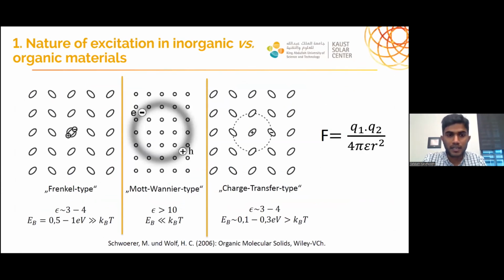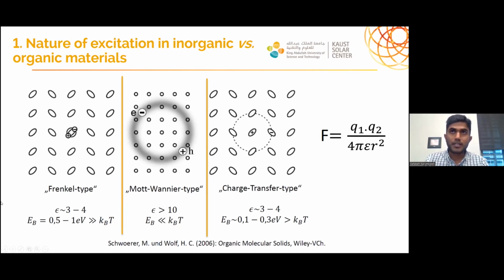When a photon is absorbed by an organic semiconductor, due to intrinsic properties such as very low permittivity, it forms a bound excited state, which we call a singlet exciton, which is very tightly bound, called Frenkel type.